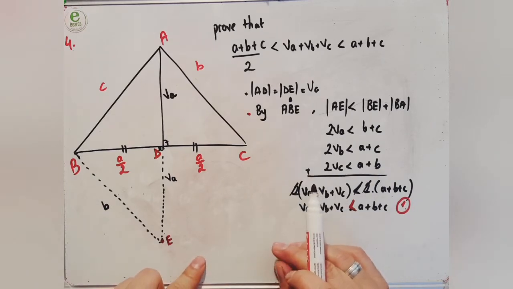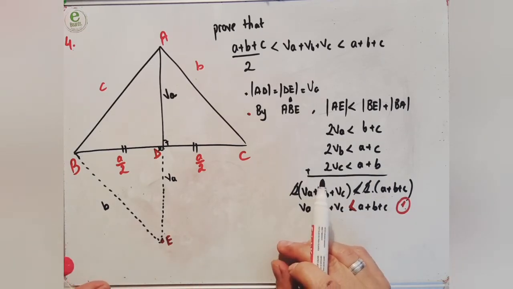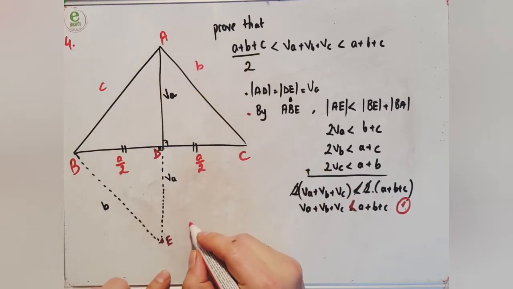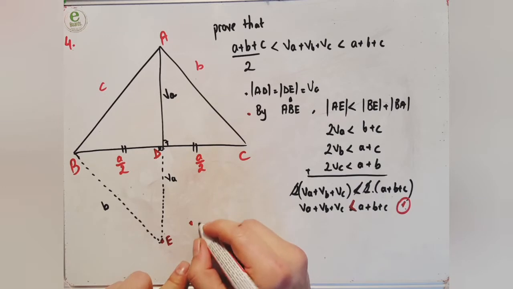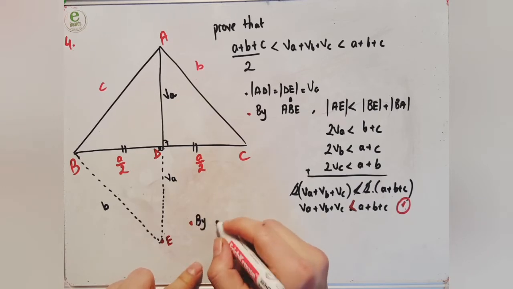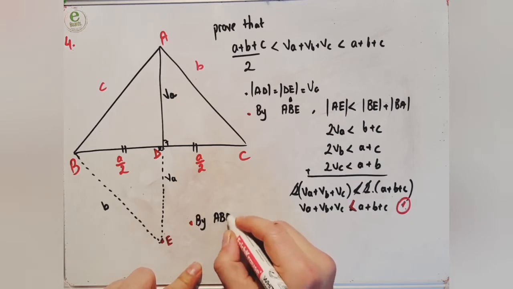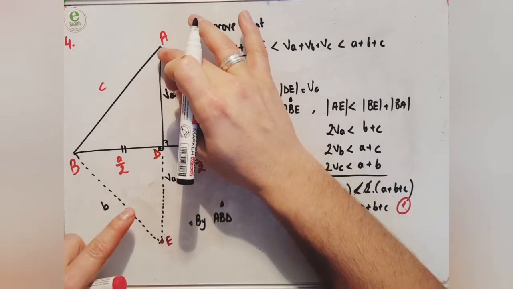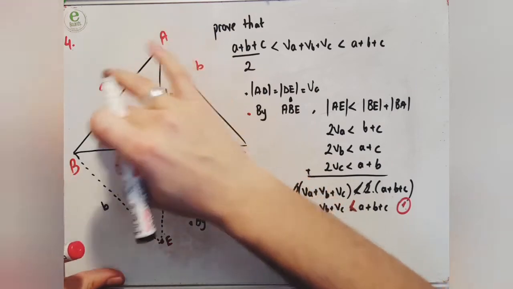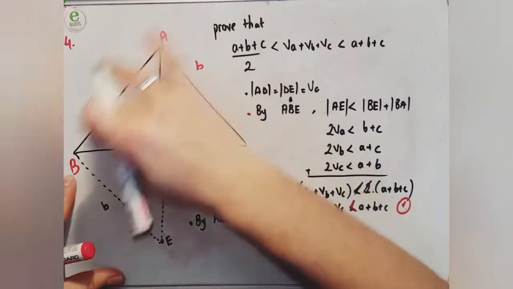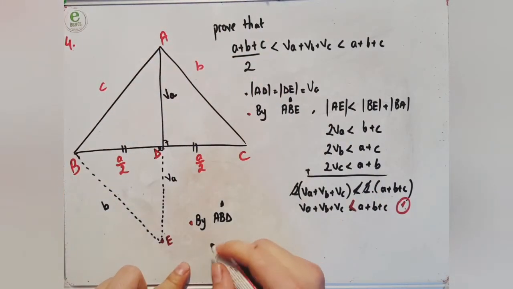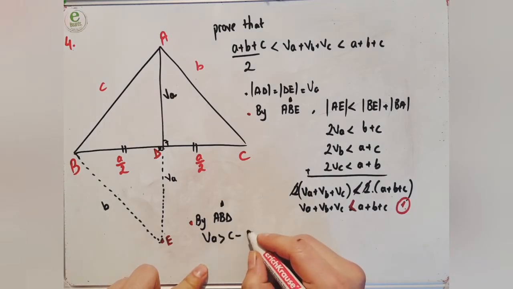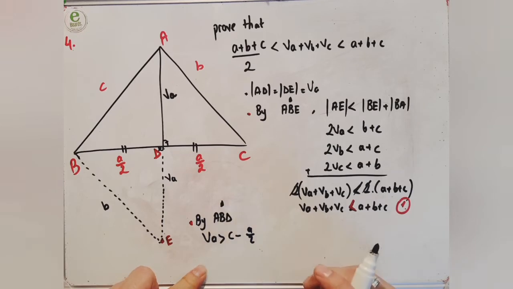Using the second figure, we can write for triangle ABD, AD is greater than the difference of AB and BD, so we write VA is greater than C minus A over 2.